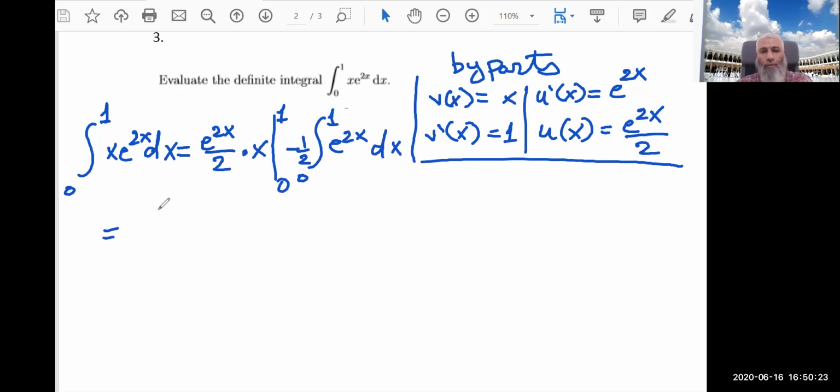So this is 1 over 2 e power 2x times x, minus the integral from 0 to 1 of 1 half e power 2x dx.